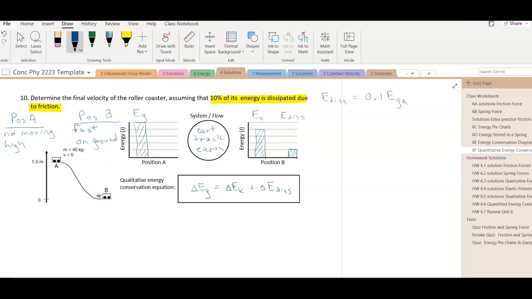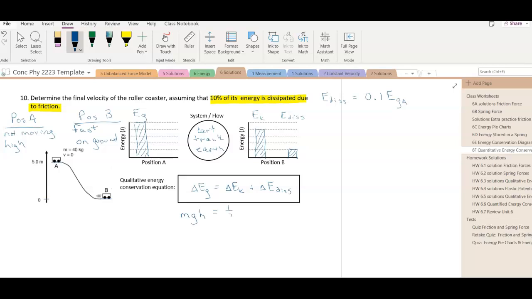Okay, so it's asking me to find the final velocity. So let me see how I'm going to calculate each amount of energy, and then I'll circle the velocity that I'm going to solve for. So the gravitational potential energy I find as mgh.